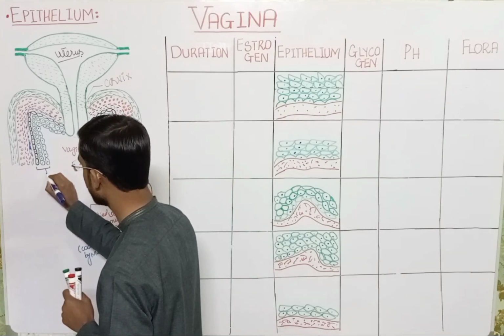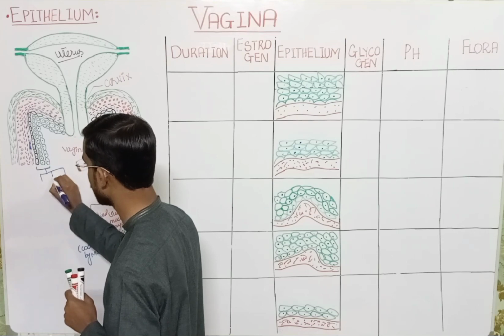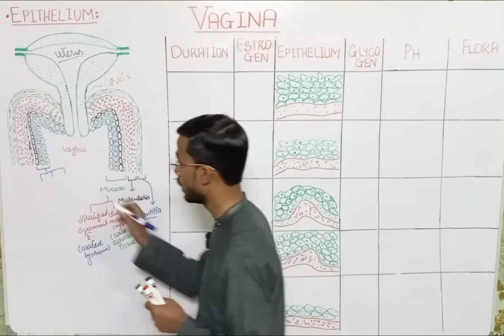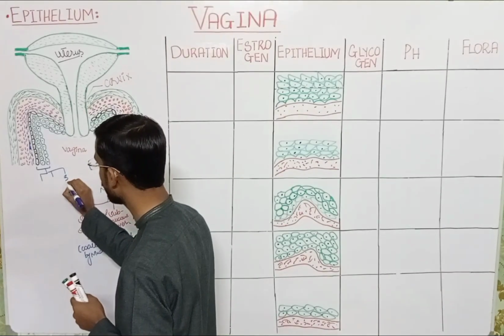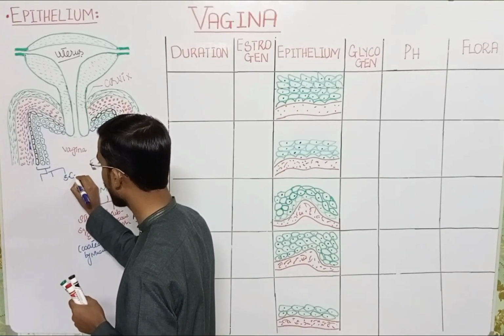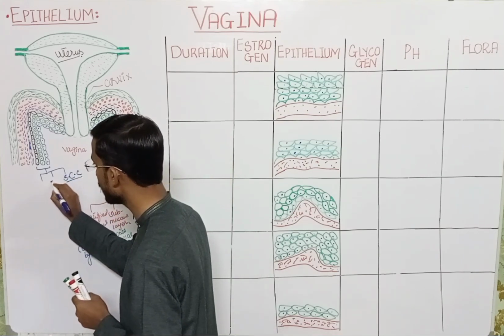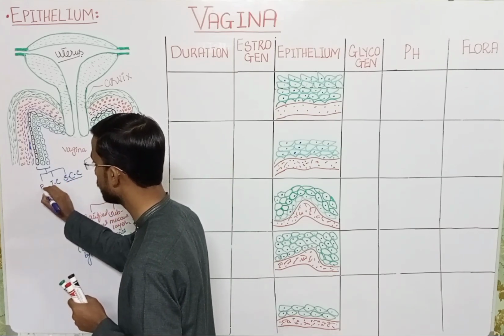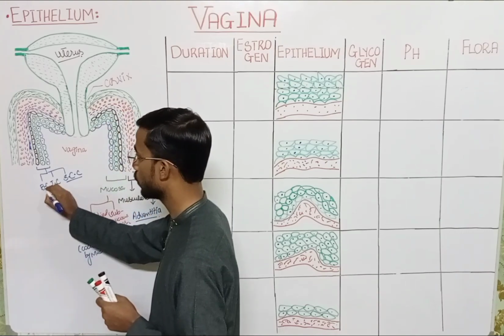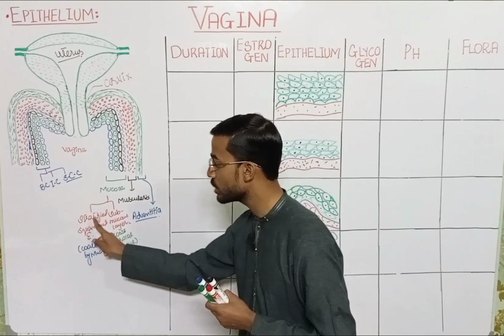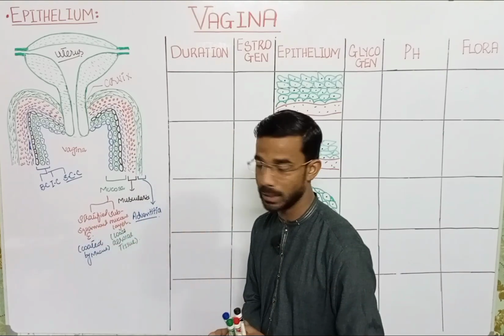So the stratified squamous epithelium is further divided on the basis of the types of cell. These are the different types of cell present in the stratified squamous epithelium.